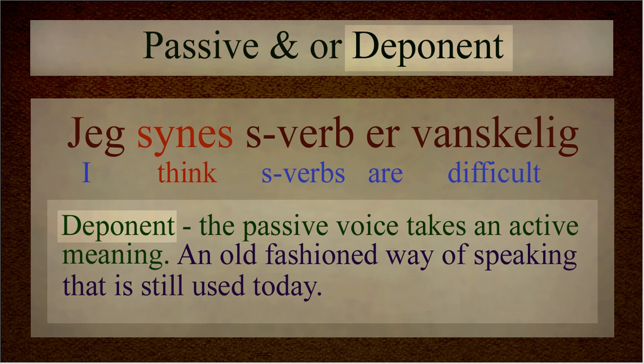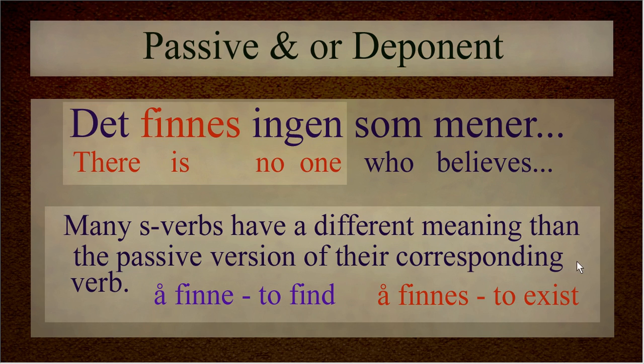I really want to concentrate on, and these can be conjugated, so I'm not doing any of that either. I'm just going through each kind of S-verb, so that you can kind of nail these down. Here's another: finnes. That actually means to exist, and so the verb å finne means to find.